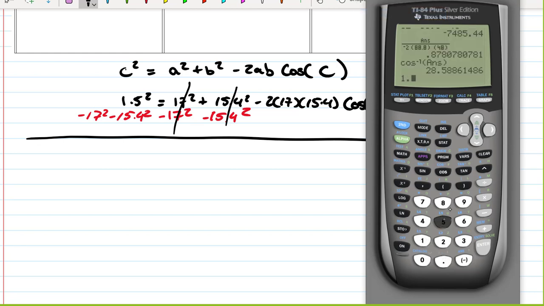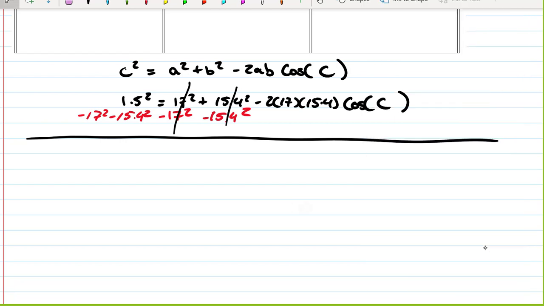We have 1.5 squared minus 17 squared minus 15.4 squared, which gives us negative 523.91.